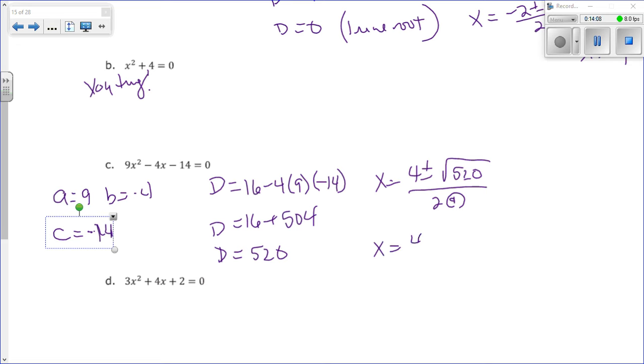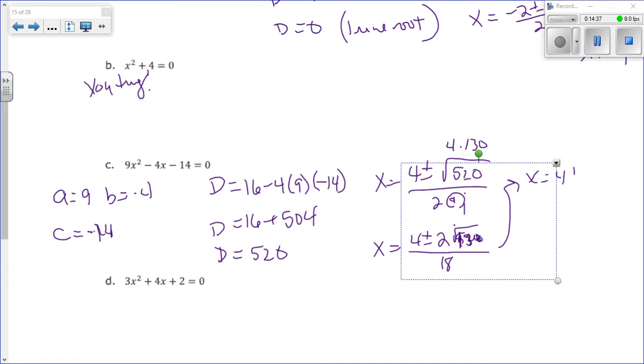So x equals 4 plus or minus, 520 is 4 times 130. So it would be 2 radical 130 all over 18.